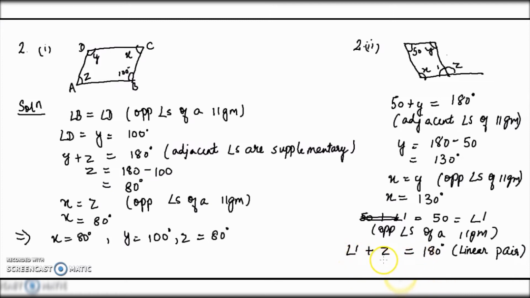So Z will be equal to 180 minus angle 1, that is 180 minus 50, which is equal to 130 degrees. So Z is 130, X is 130 and Y is also 130.